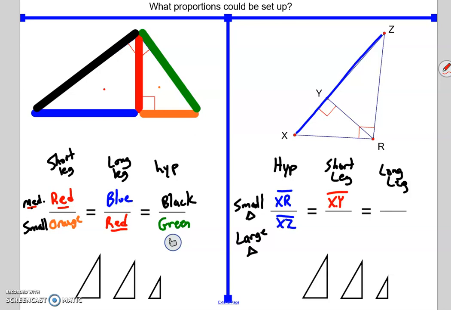And then looking at the large triangle, its short leg is going to be XR. Okay, so just these two alone form a proportion of two equal ratios. But we could do another ratio here. Looking at the small triangle's long leg, that would be YR. That would be this guy. And compare that to the large triangle's long leg, that would be ZR. That would be this one. Okay, so there again you have these three different ratios. You can use any two of them to set up a proportion.